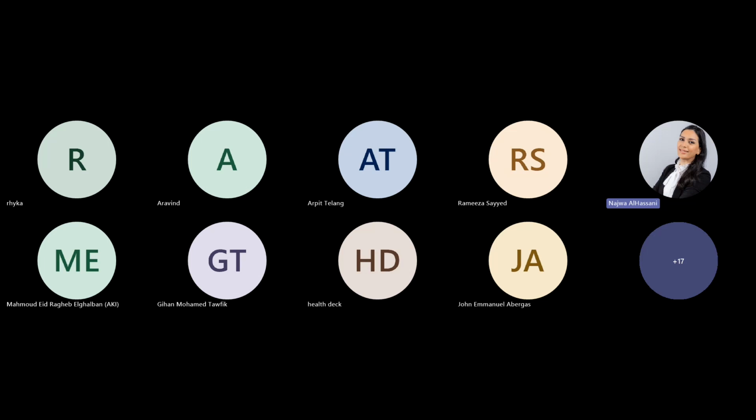As per MOHAP serialization, the secondary package, the saleable unit, should be serialized. In Tatmeen, we don't track the primary package, the content inside the secondary package. We track the secondary package, which is the saleable unit.